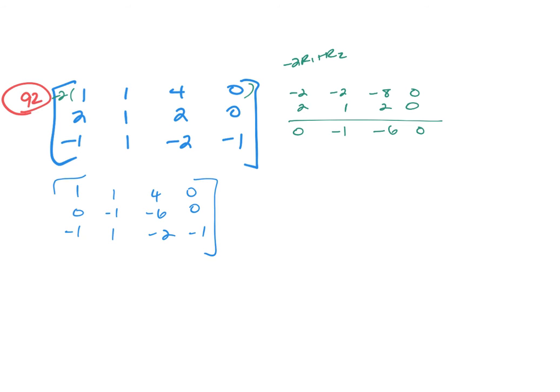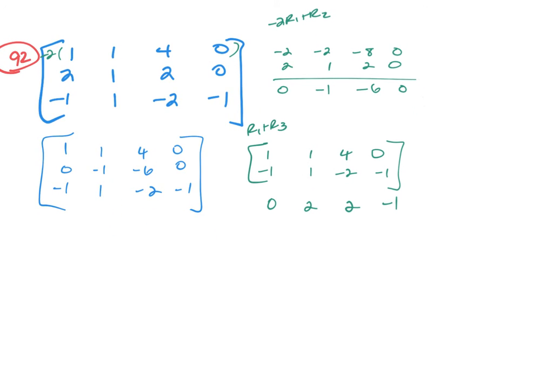Then I did row 1 plus row 3. Okay. And you get 0, 2, 2, -1. Mm-hmm. Then what'd you do?